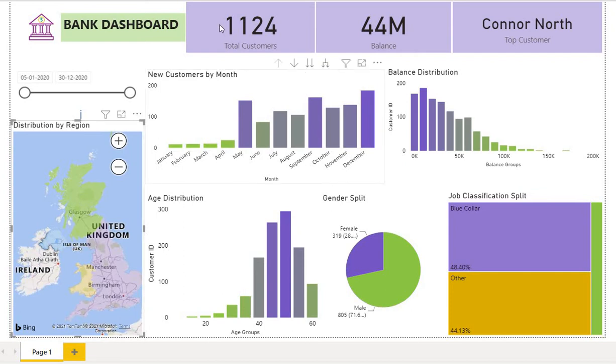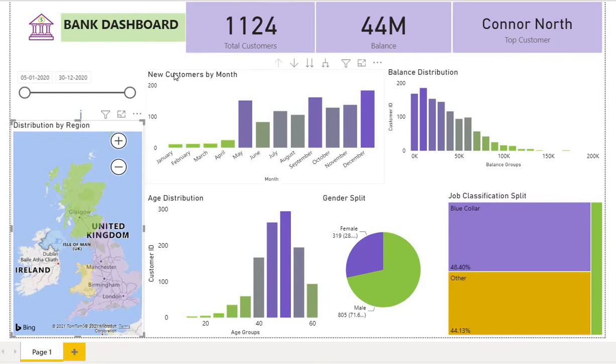So here, from the dashboard, we can analyze that the total customers in the region Scotland are 1124, which is approximately 26% of the bank's customers. And also the total balance is 44 million. Here the top customer is Connor North, that is, he's having the highest amount in balance.